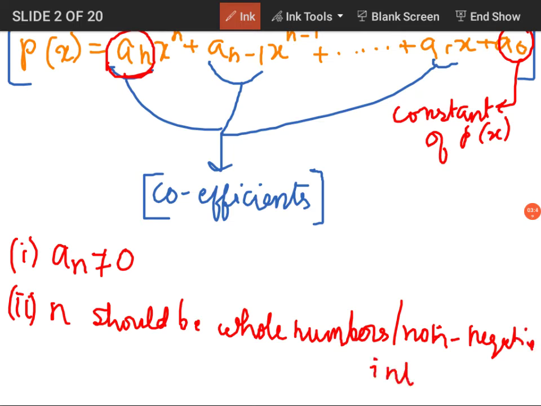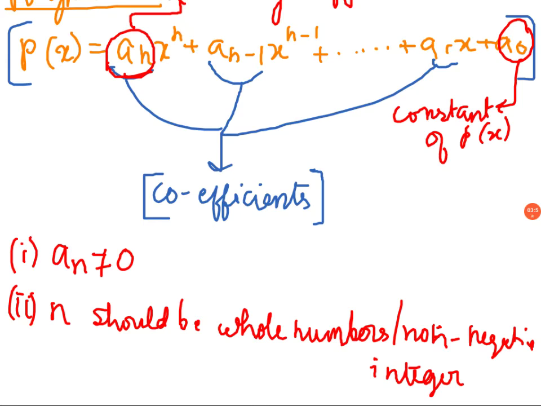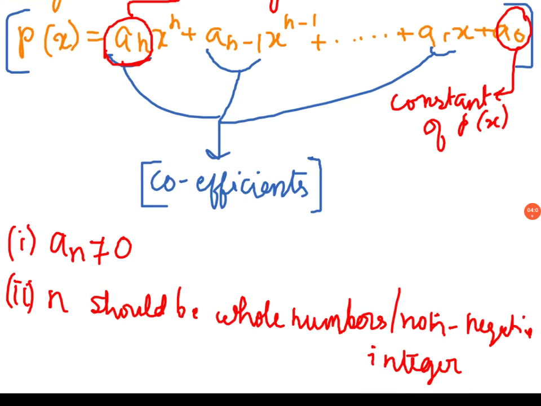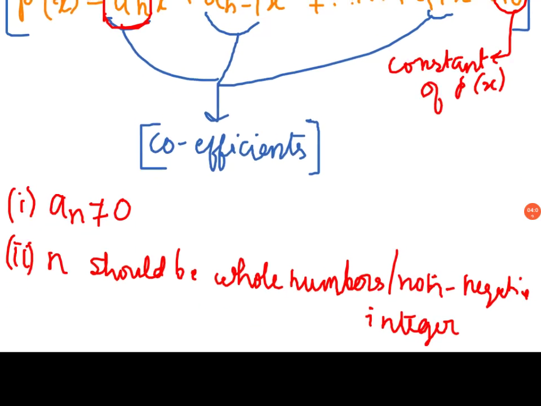I hope that you know why non-negative, because we have to also include 0, and 0 is neither a positive number nor a negative number, it is a non-negative number. So that's why we have not written positive integer here, rather we have written non-negative, which basically means that we have to include 0 as well. Okay, so this is the condition.